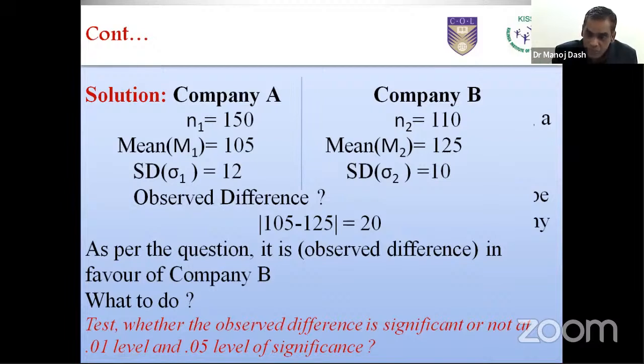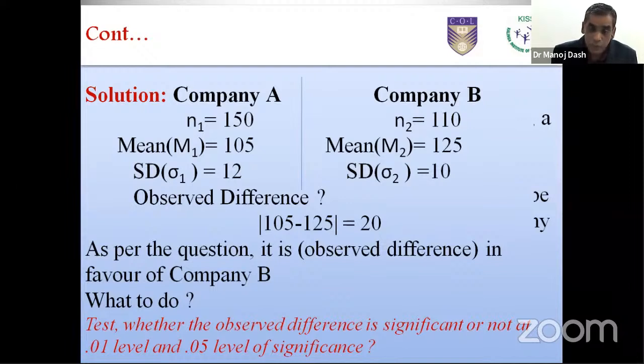Now, this much is given in the question. On the basis of this information, can you tell me what we are going to do? We are going to test whether the observed difference between the hourly wages of company A and company B is significant at the 0.01 level or at the 0.05 level of significance.